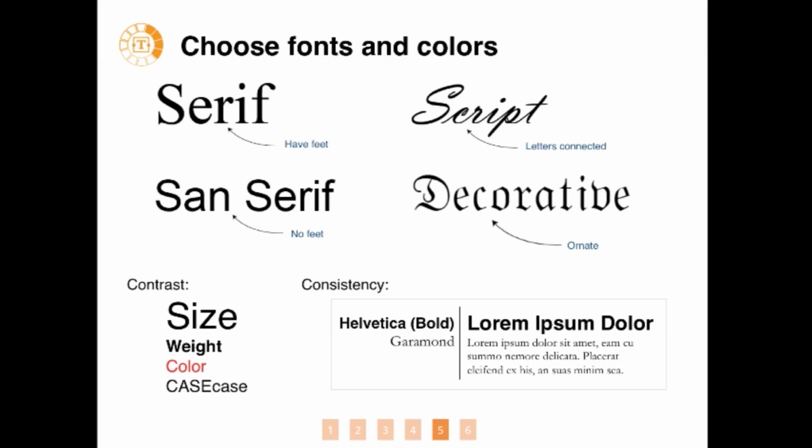In order to create contrast between fonts, use a mix of different sizes, weights, colors, and case, and maintain a consistent format. If you use sans serif for your heading and serif for your text, then maintain that format throughout the entire infographic.